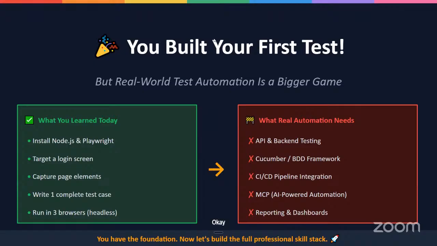Okay. So what have we learned so far? We have learned how to install Node.js, how to install Playwright, how to target a login screen, and how to capture page elements. We also wrote one complete test case in Playwright, and then ran it in 3 browsers, headless and also headed.